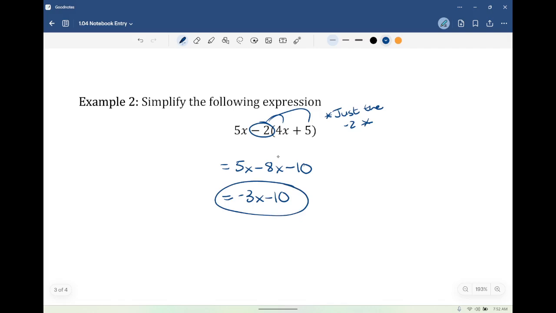Anytime we distribute in a negative, all of the signs inside of parentheses need to change. Notice, we distributed the negative. Everything started as positive. Everything turned into a negative. Any questions on example 2? All right, then we're going to roll right on through.